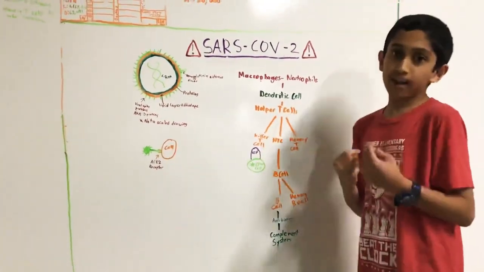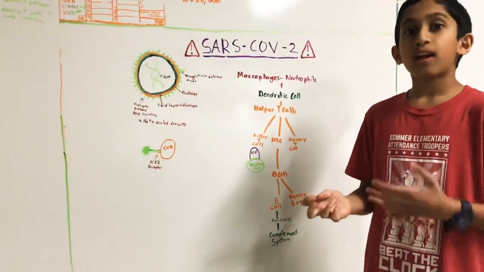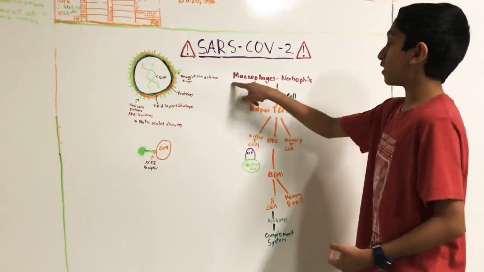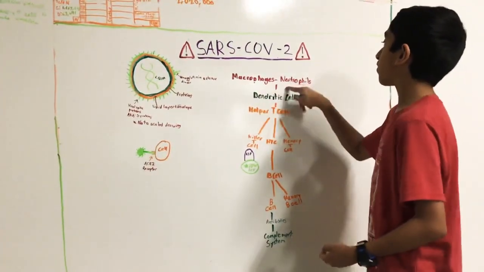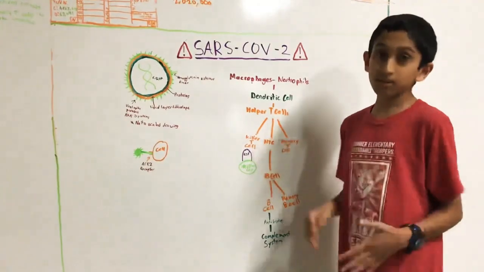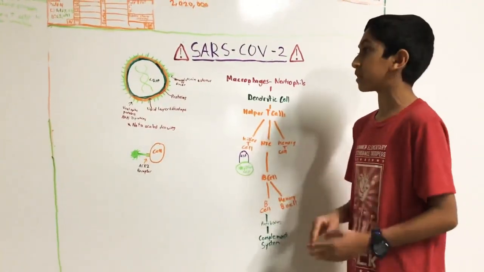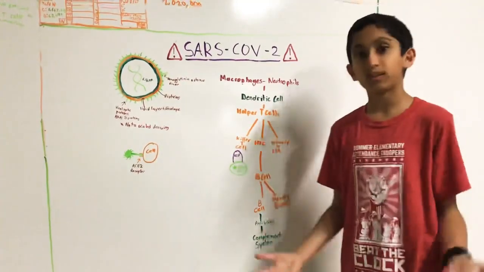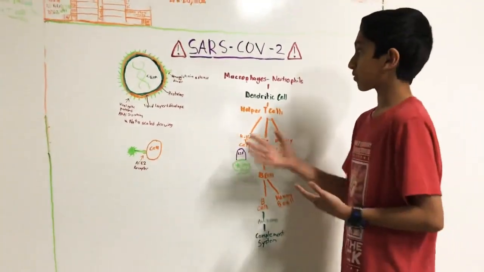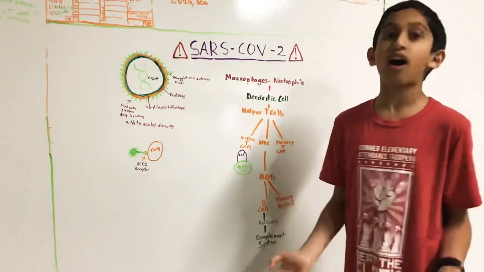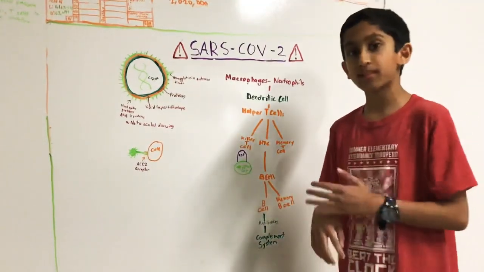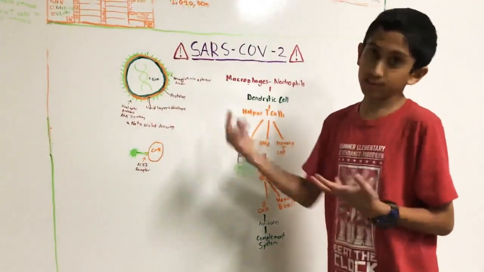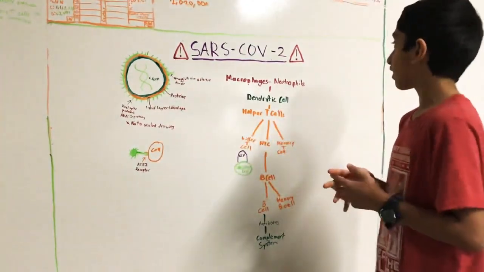But the coronavirus is an infectious disease, and it will definitely penetrate the macrophages. Then the neutrophils come. The neutrophils are cells that will release traps to the coronavirus that will destroy the virus. They will release reactive oxygen species, which basically destroy the virus and perform lysis on it.